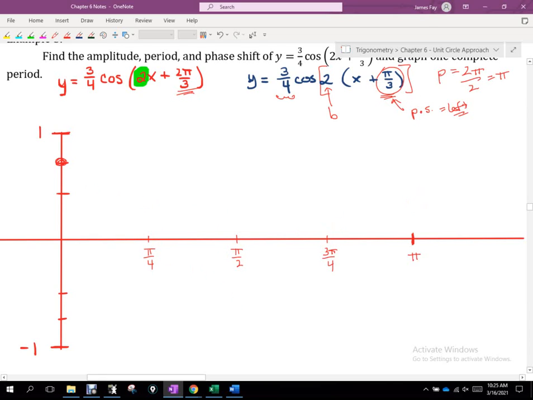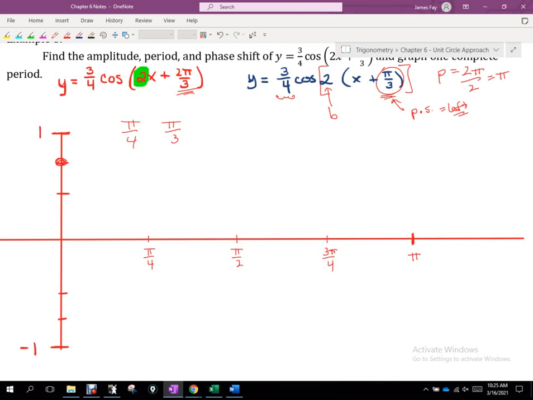The only way that's going to be easy for me is if I compare pi over 4 and pi over 3. What would be a common denominator for those things? Pi over 12. So that tells me I'm going to establish my x-axis in terms of 12ths, and that will make it easy for me to decide how to move certain objects.